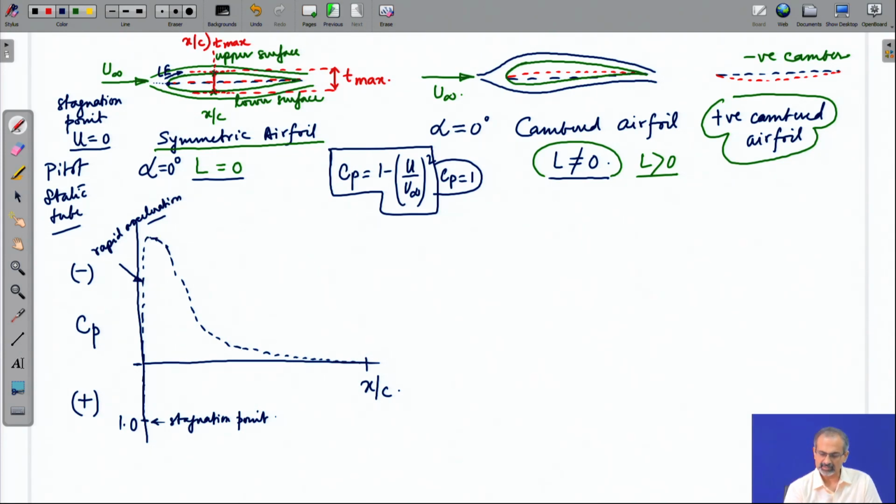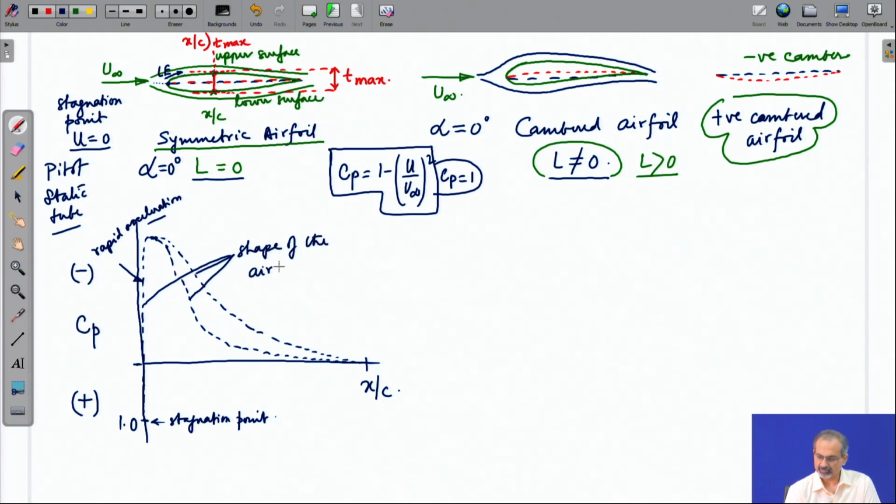So, depending on the shape of the airfoil, this part can take different shapes. It depends how quickly it is accelerating and then how quickly or how slowly it is decelerating, that these particular shapes will be governed. So, these are functions of the shape of the airfoil.